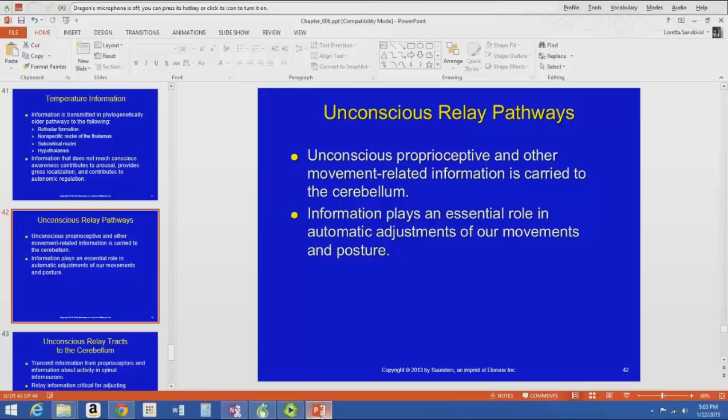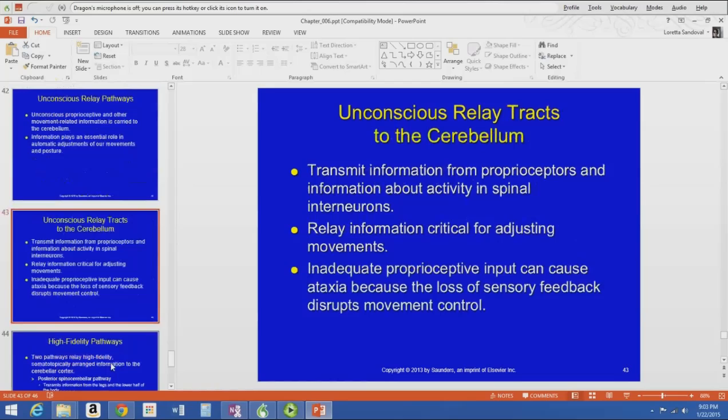The information that goes straight to the cerebellum plays an essential role in automatic adjustments of our movement and posture. We don't even have to think about it. It's unconscious. Okay, so they transmit information from proprioceptors and information about activity in spinal interneurons. They relay that information that's critical for adjusting movements.